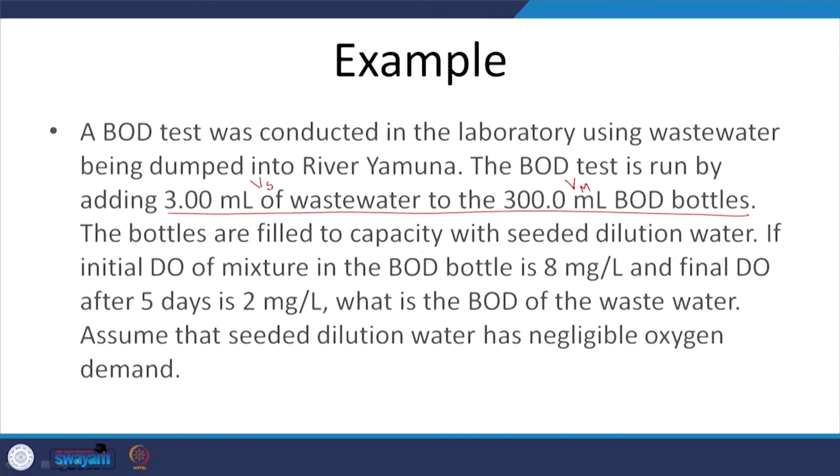The bottles are filled to capacity with seeded dilution water. If initial DO of the mixture in the BOD bottle is 8 and the final DO after 5 days is 2, what is the BOD of the wastewater? Assume that seeded dilution water has negligible oxygen demand, this makes the job easier.